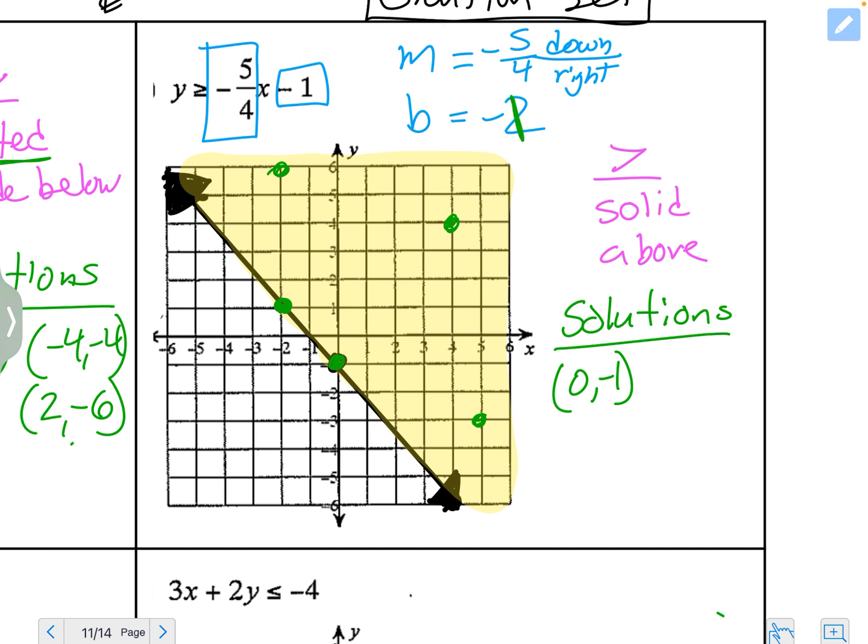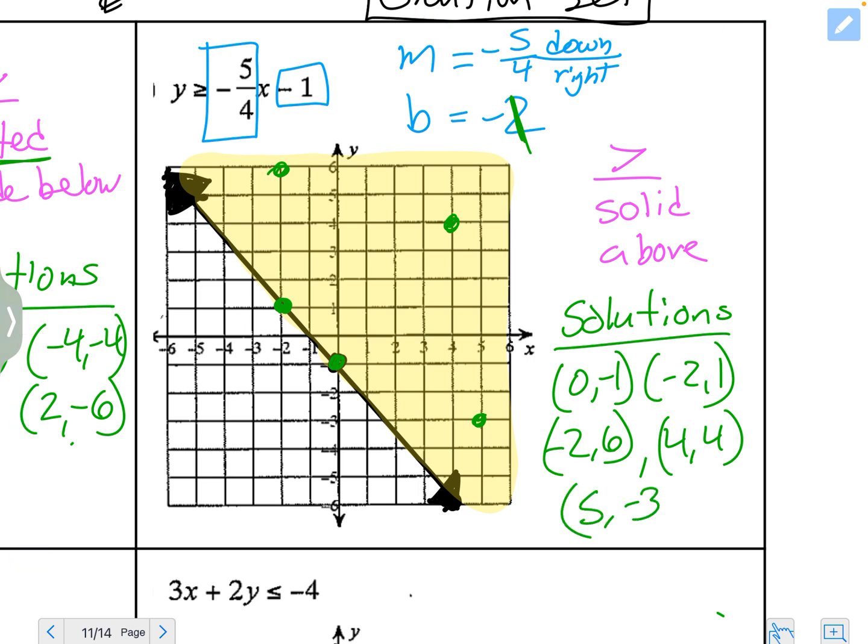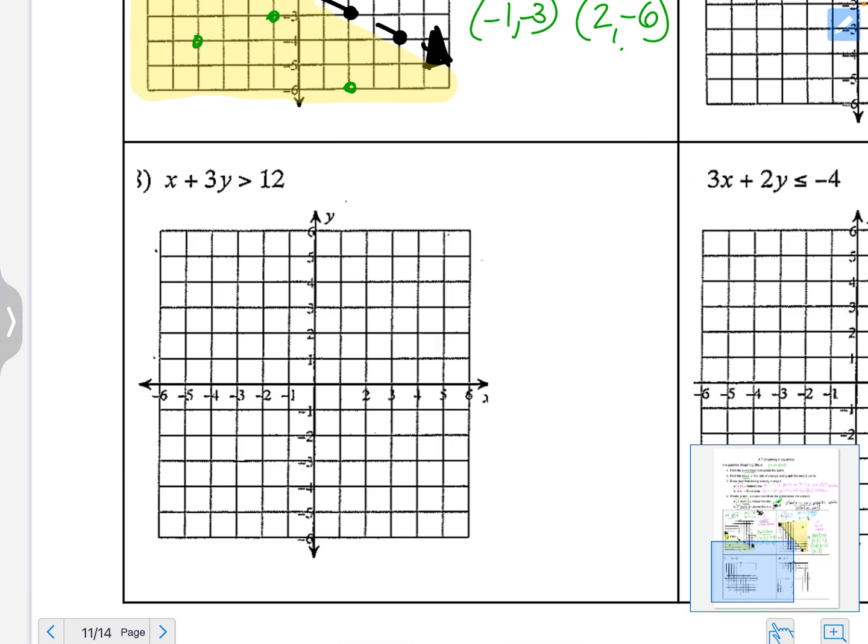Oh, I wrote -2, but it's -1, and I graphed it correctly. Okay, my brain just short-circuited there for a second. It looks like -2, 1 is a solution. I put -2, 6. I put 4, 4. And then finally 5, -3. And so those are just the ones I picked, but it could be anything in that shaded area.